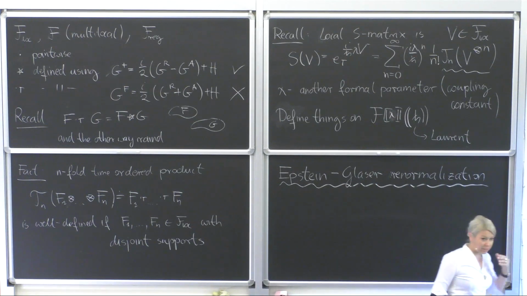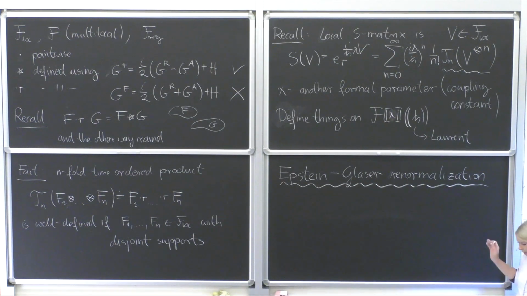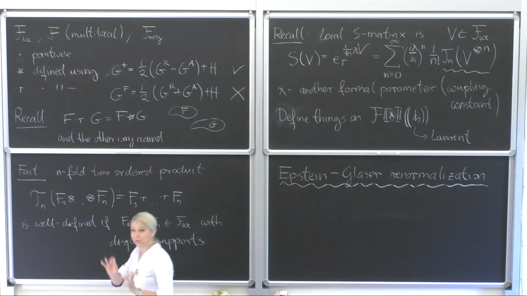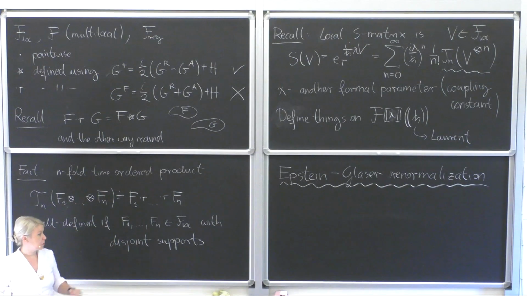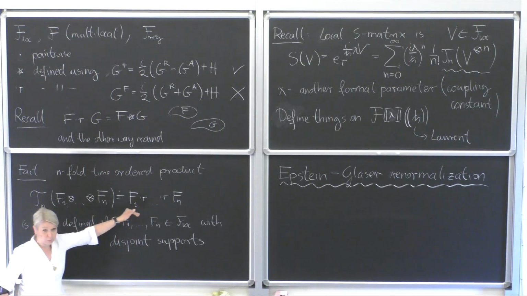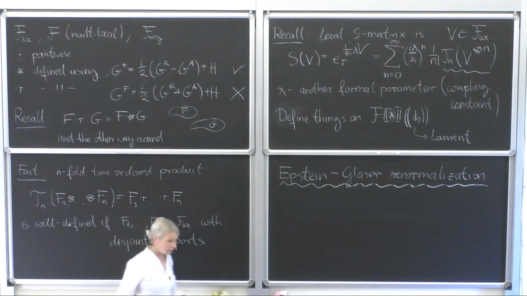And in the end, I want to build the BV algebra or the family of BV algebras for various regions of spacetime. So I really need to understand if this algebraic structure of the time-ordered product can be extended.